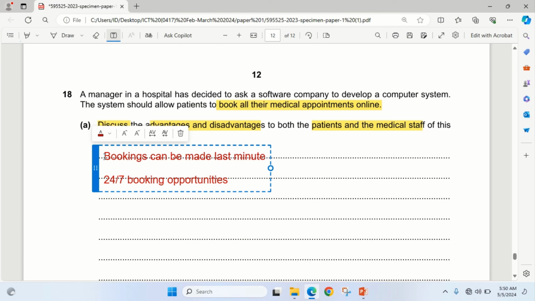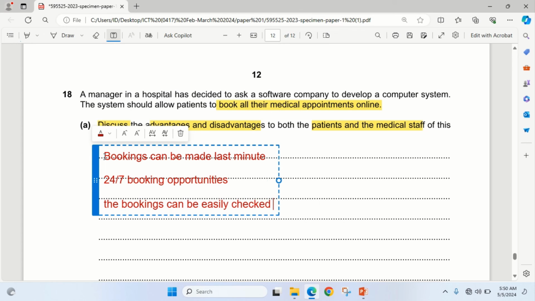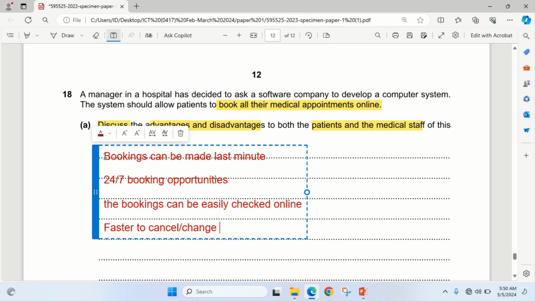Another thing is that the report of the bookings can be easily checked online. And it is faster or easier to cancel or even change a booking.